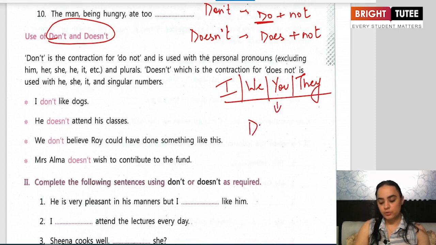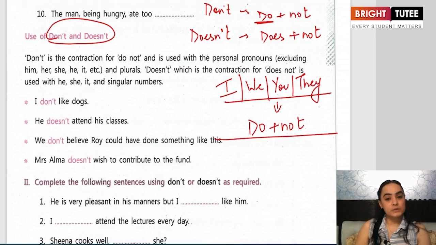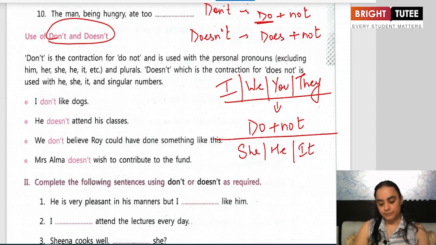I will always use do not or don't with them. Similarly, we always use does with the singular pronouns: she, he, and it. With these, we always use does or does not.